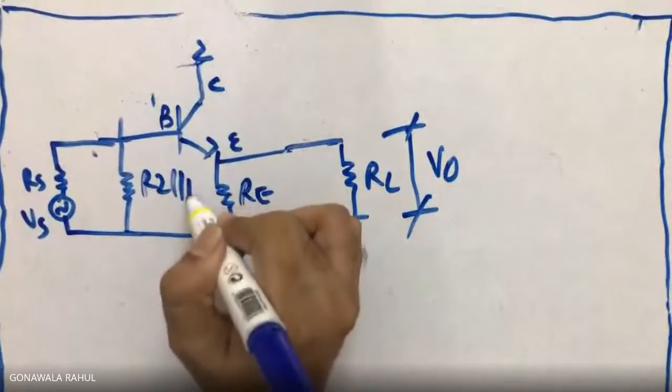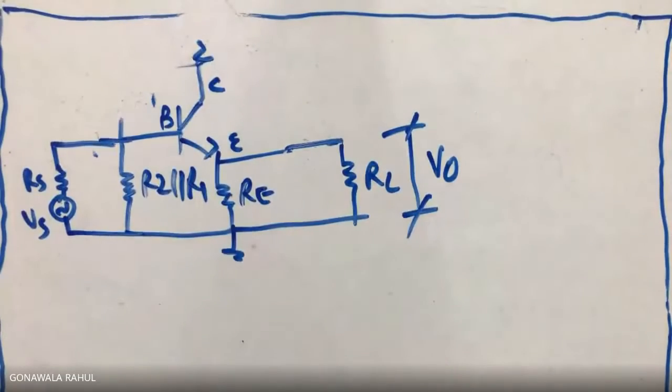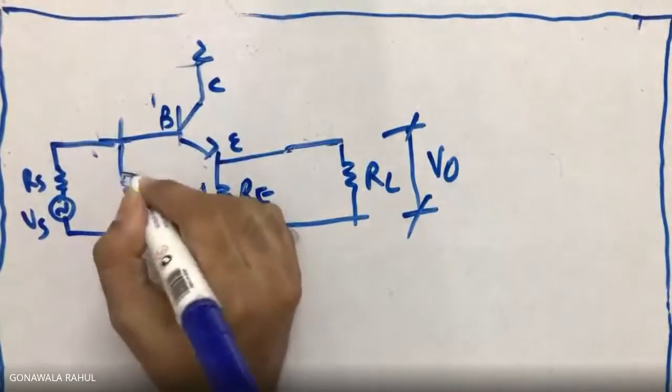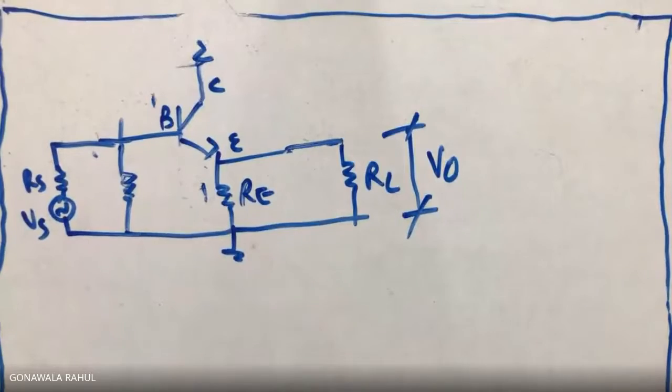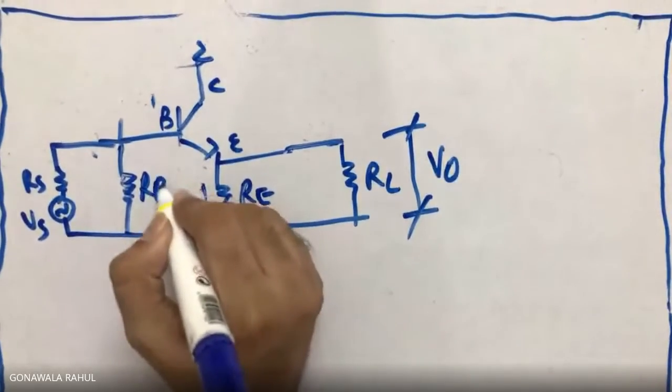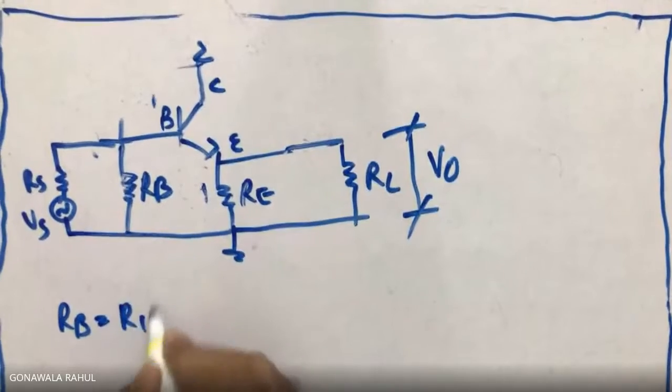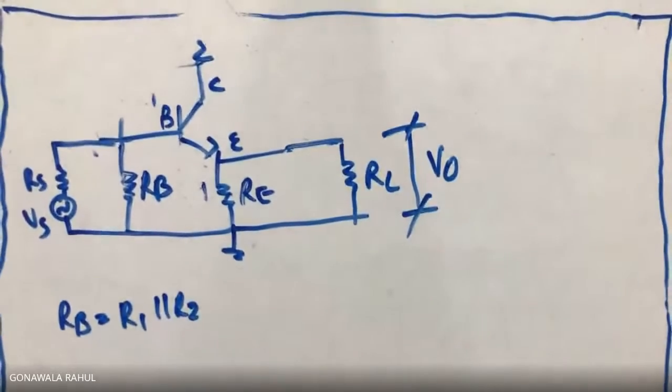So I write down directly R1 parallel R2 here. Let's say I name it as RB, where RB is R1 parallel R2. Clear? Okay.